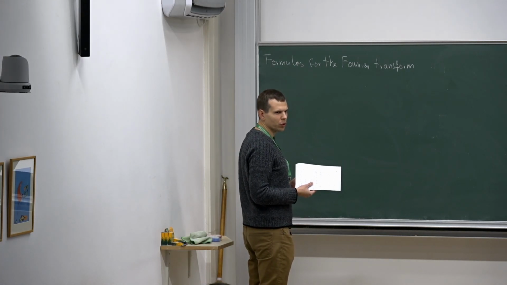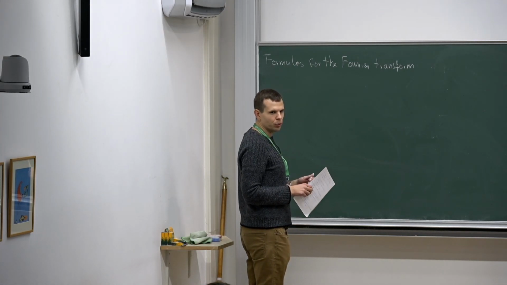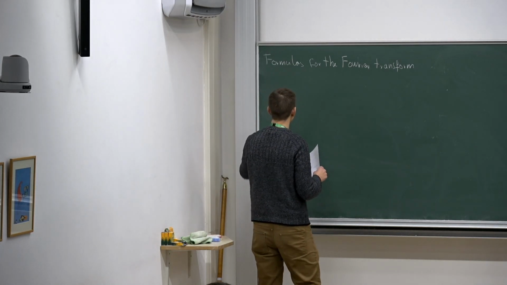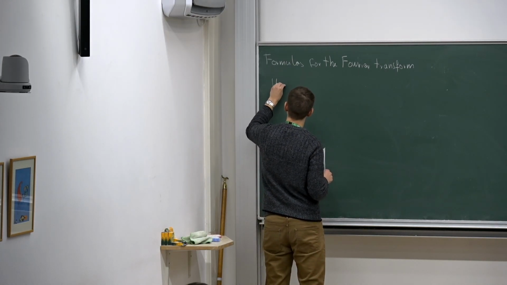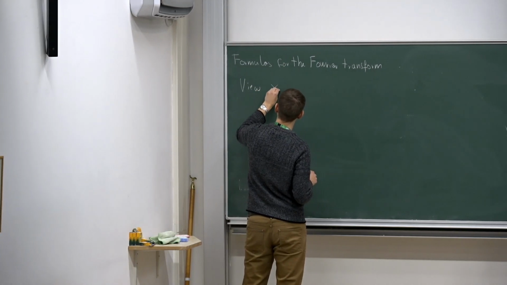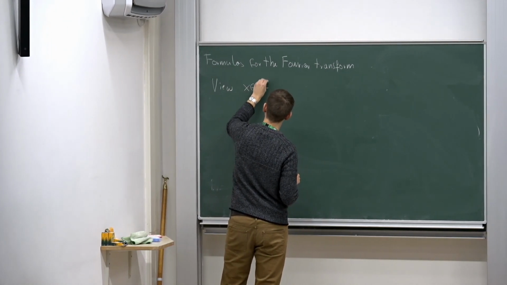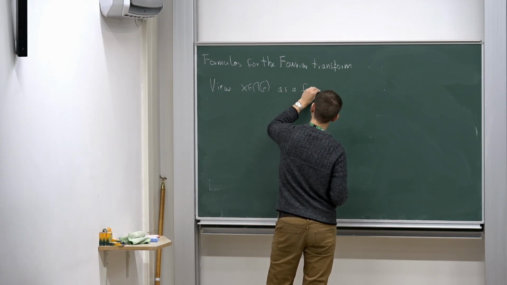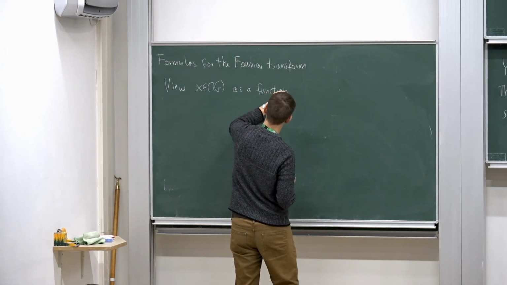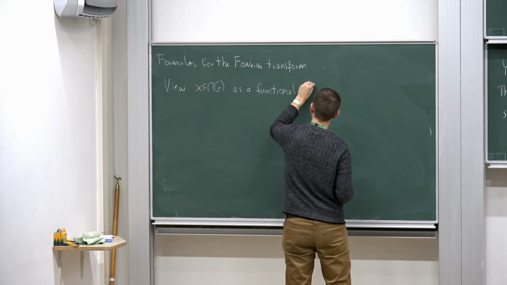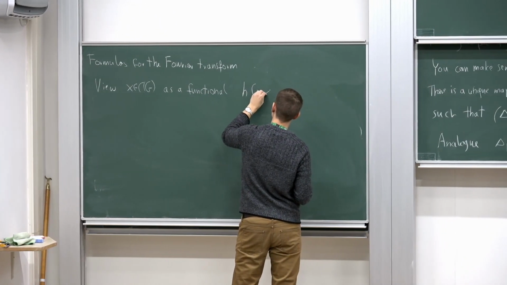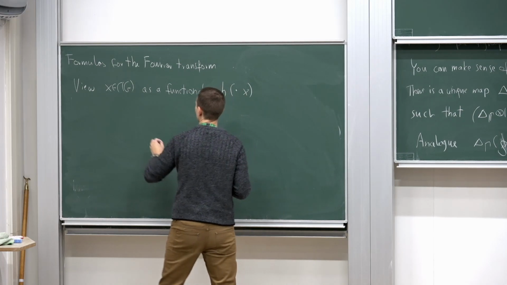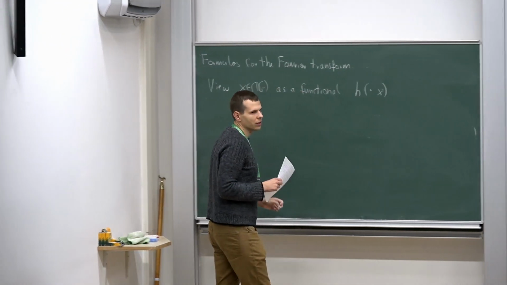So if we want to define it on elements, we need to view them as densities with respect to the Haar measure. Okay, so view x is phi of g as a functional where you put it as a density inside the Haar state.